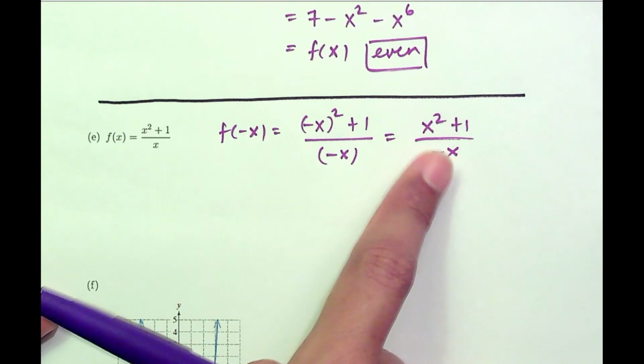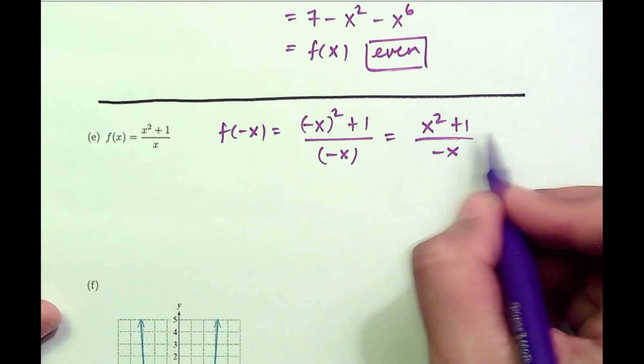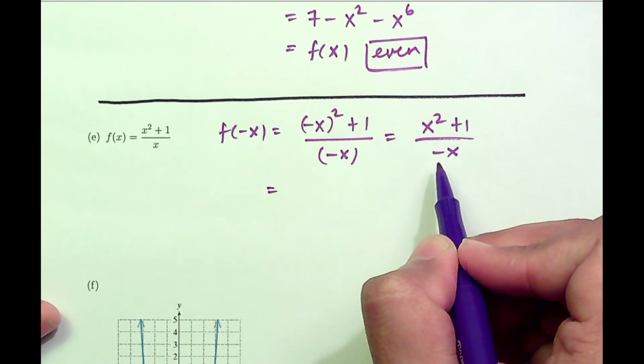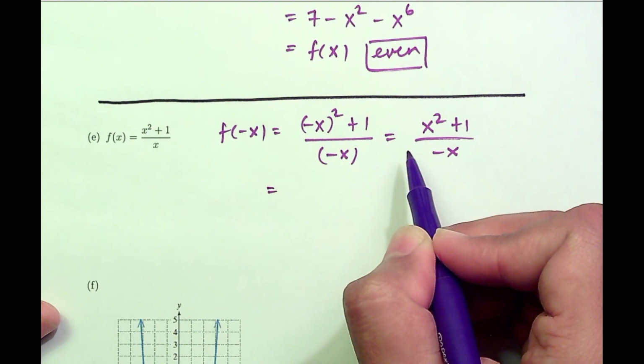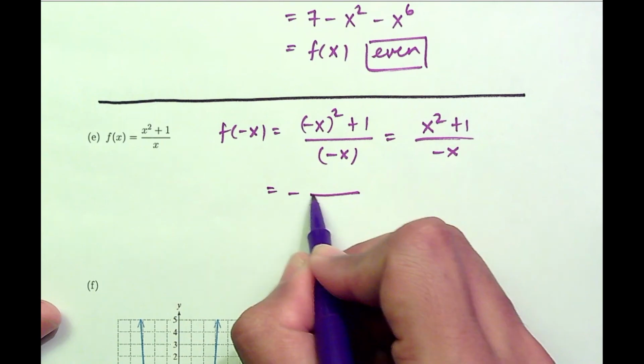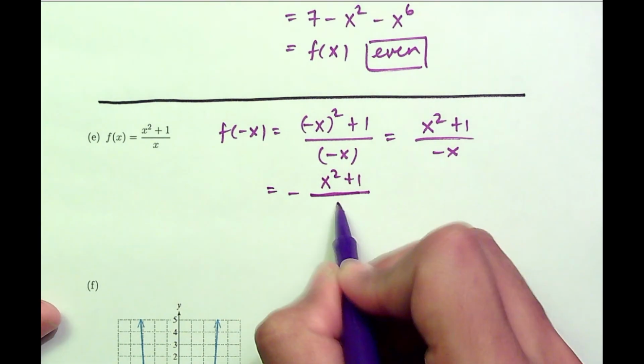Let's see. Comparing to f of x, it is not exactly the same. This is not f of x, so that means it is not even. But we can move that negative. We can put it right in front. It's really the same thing. So moving it right in front, this is going to be negative of x squared plus 1 over x.